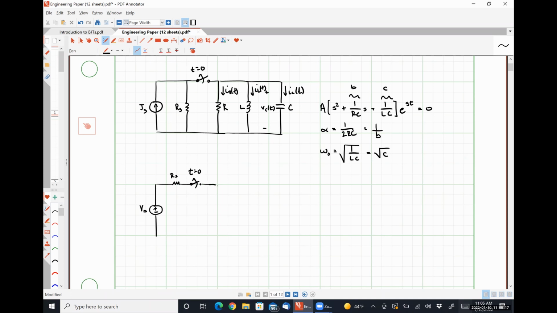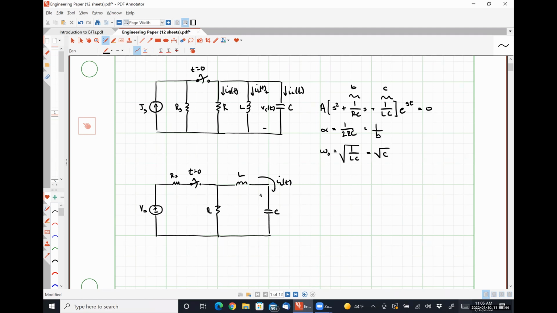And we had a resistor R in series with an inductor L in series with some capacitor C. We had an inductor current, IL of t, that was our common signal over all of our elements.